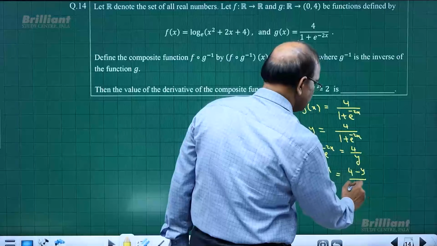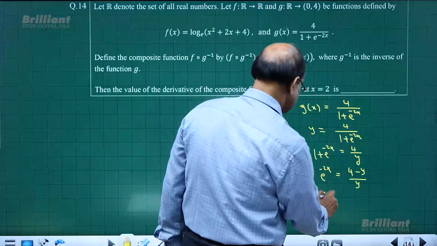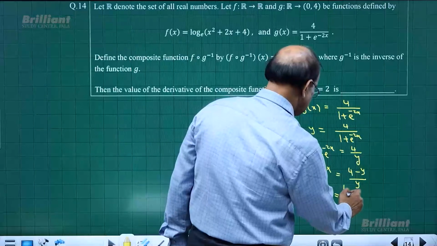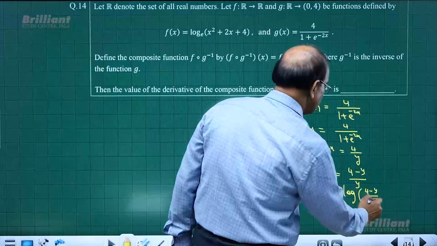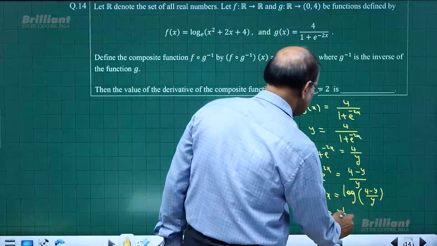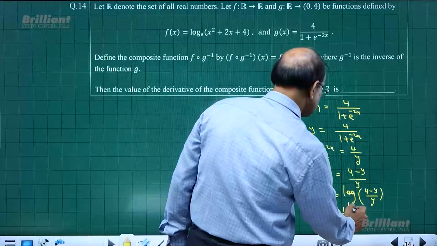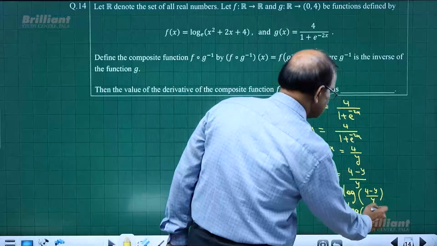Now, take logarithms, minus 2x is log of 4 minus y by y, okay, x equal to minus 1 by 2 log of 4 minus y by y, yes.